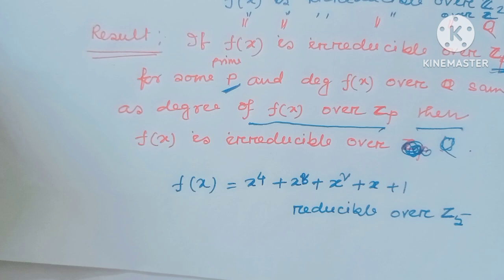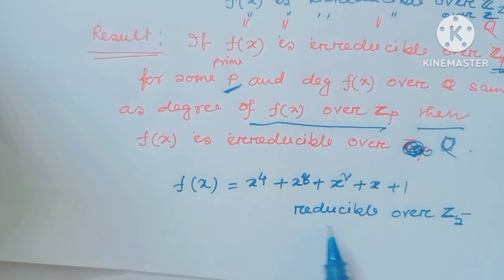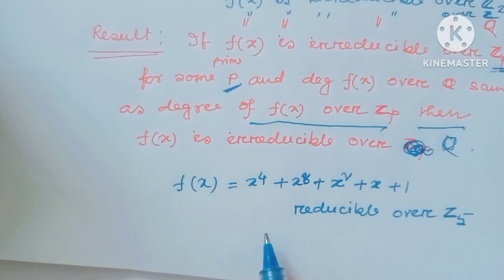Next example, f(x) equal to x to the power 4 plus x cube plus x square plus x plus 1, reducible over Z5. Since the question is about reducible, here we can use root test.